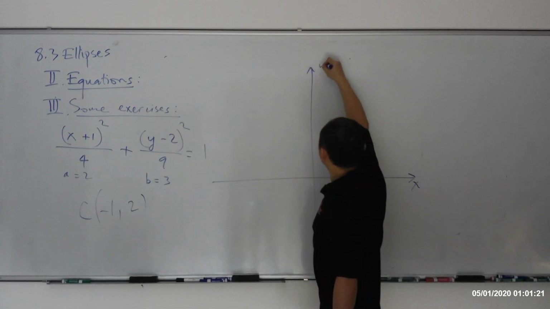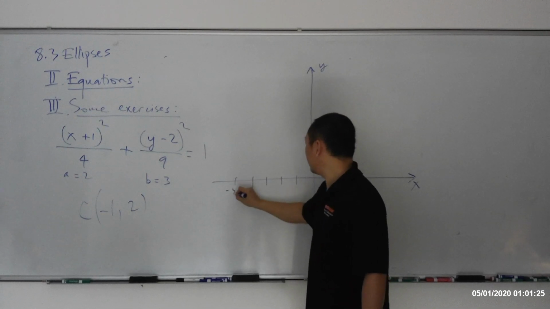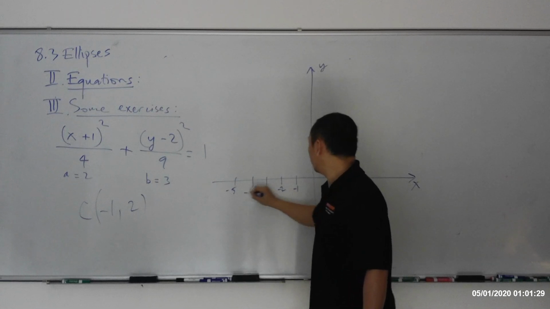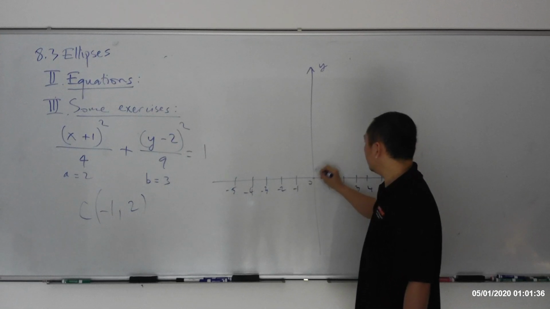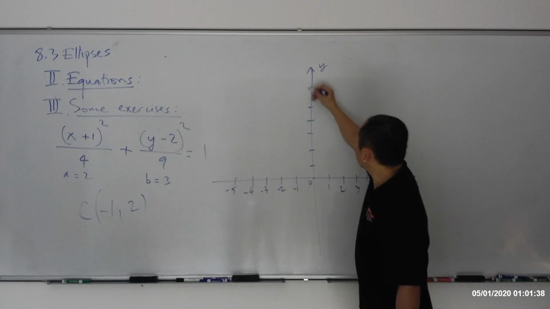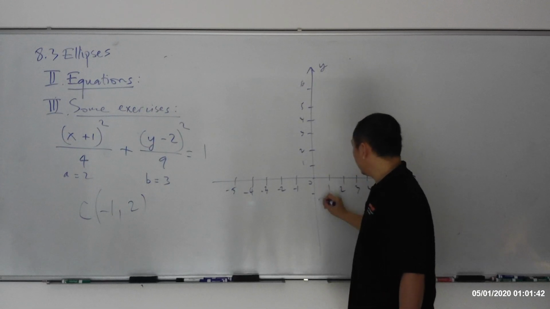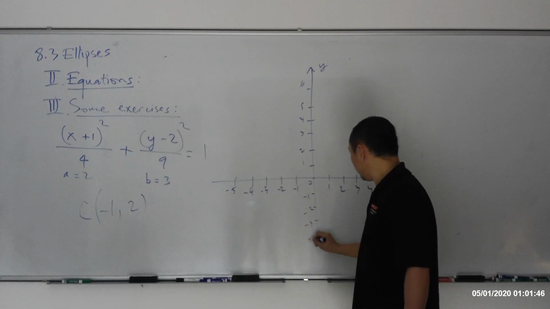X-axis, y-axis, 1, 2, 3, 4, 5 negative, and 1, 2, 3, 4, 5 positive. Portion right here, 1, 2, 3, 4, 5, 6, and -1, -2, -3, -4.